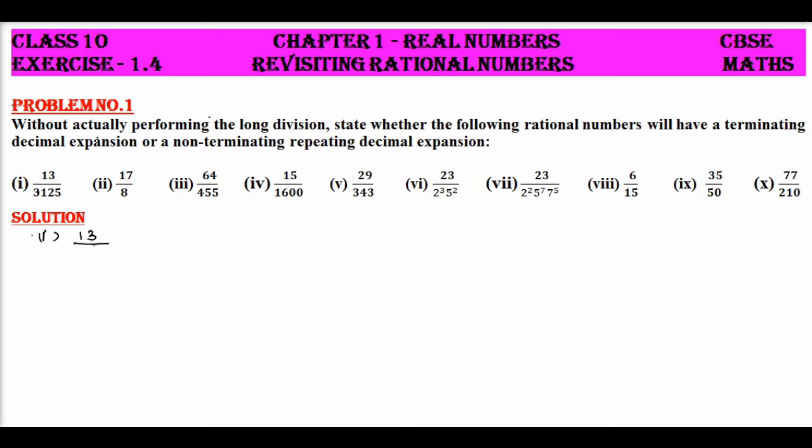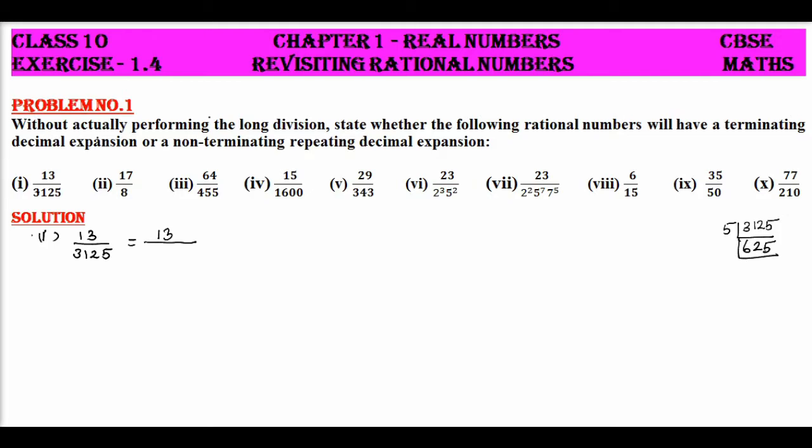13 by 3125. Okay, now let me factorize the numerator and denominator. The numerator is a prime number, so we couldn't factorize it. Now let me factorize the denominator. When I factorize the denominator 3125, let me divide it by 5 because it is divisible by 5, so that I get 625.